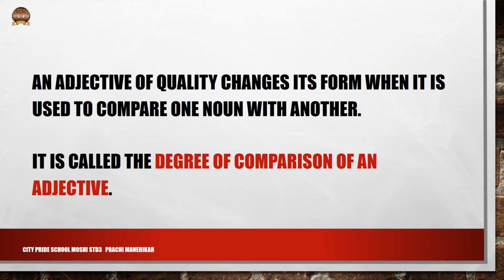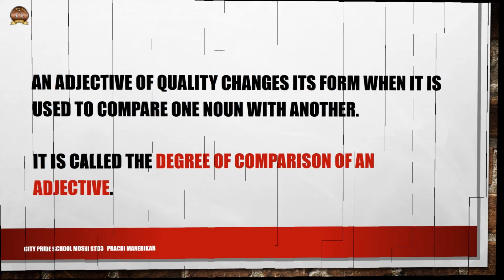In the second sentence we said Ram is taller than Sham. So there is a change, isn't it? There is a change in the form of the adjective. In the first sentence it was tall. In the second sentence we made it taller. Yeah, so this is called degree of comparison of an adjective. Now let's learn it in more detail.